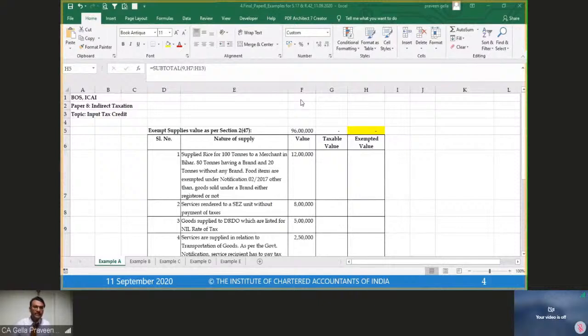Couple of inputs have come in the last session. Sir, it is good to work with Excel file, but unfortunately in examination we don't have Excel or Word in front of us. We have only a calculator, a working note, that is answer booklet, and a pen and pencil. So for convenience, I have given problems in Excel.